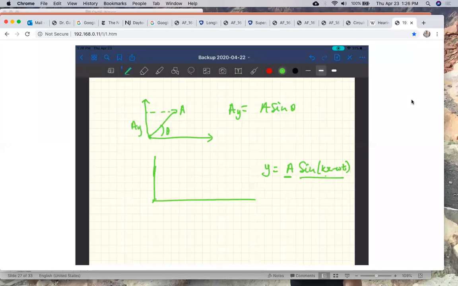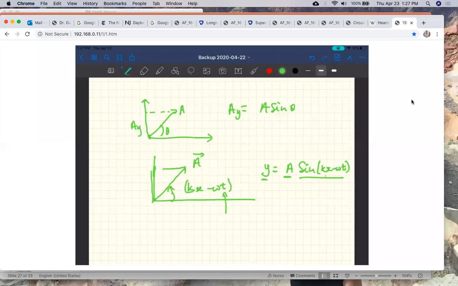So we represent the wave by this vector A, and the angle will be given by kx minus omega t. As t is increasing, this angle is increasing. And the y component of this vector, this phasor, is giving you the wave.